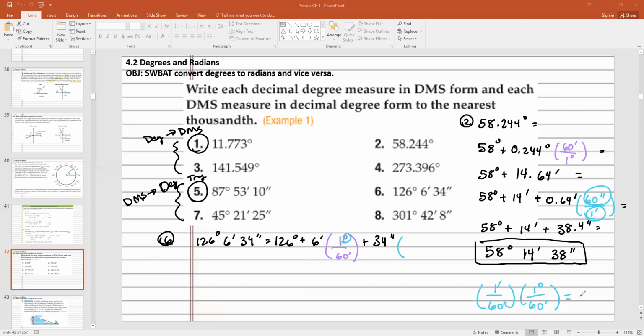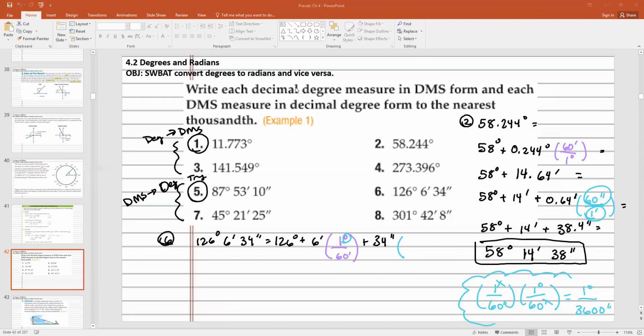And that's going to give us, so it cancels, and we're left with 1 degree over, then 60 times 60 is 3,600 seconds. Okay, so this is where this is coming from.